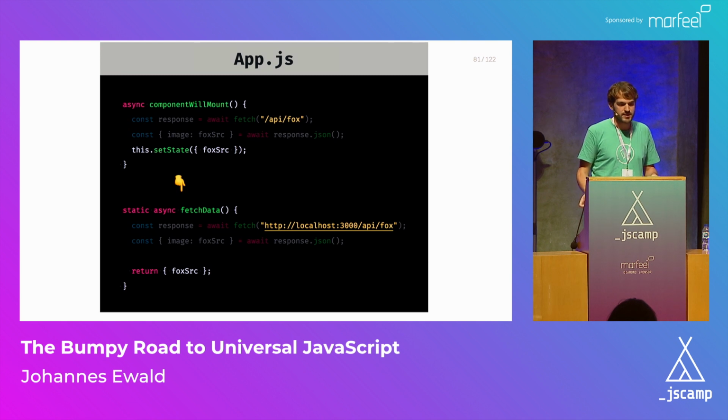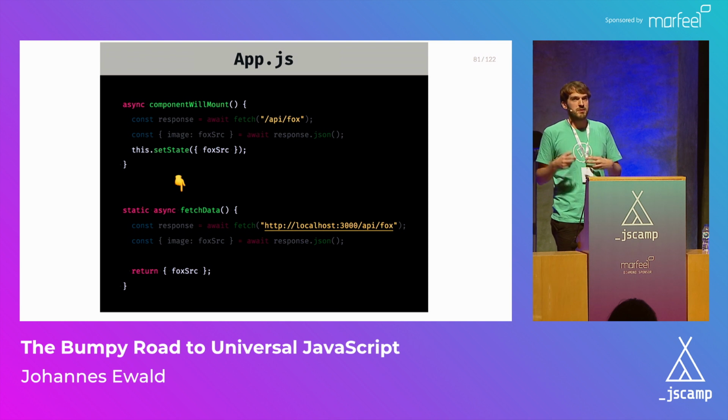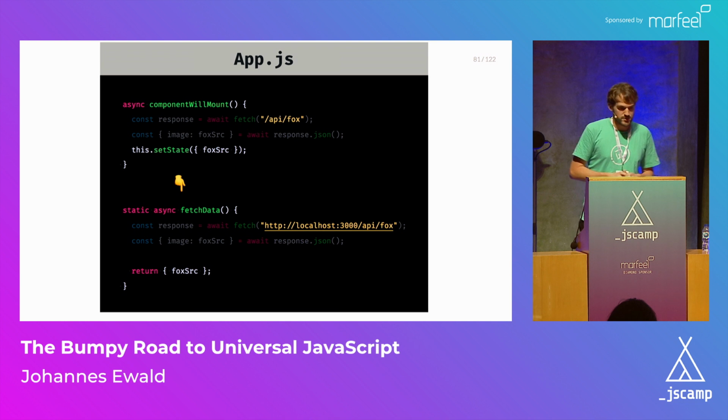So instead of having this component will mount hook, you create a static function that can be called before the rendering is happening. So instead of calling setState here, we return the data. And this is pretty similar to what Next.js is doing. They call it getInitialProps.